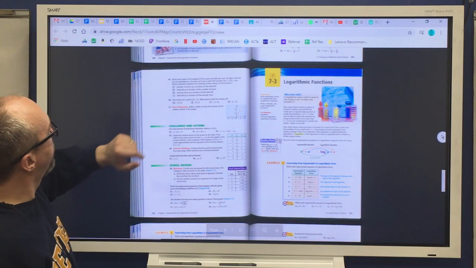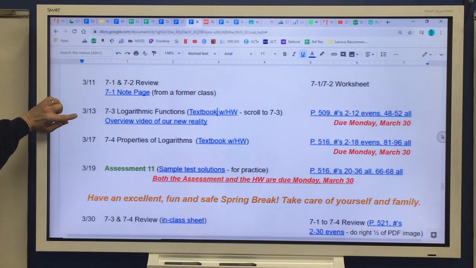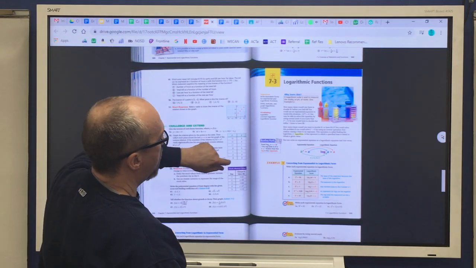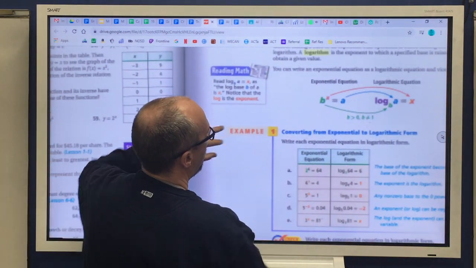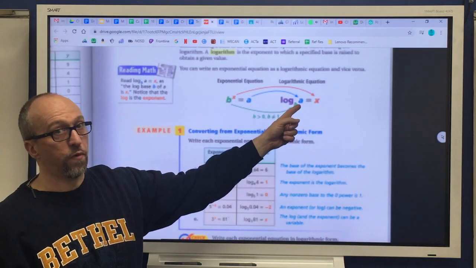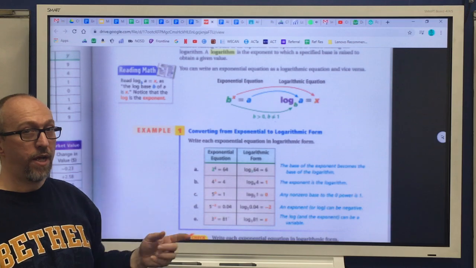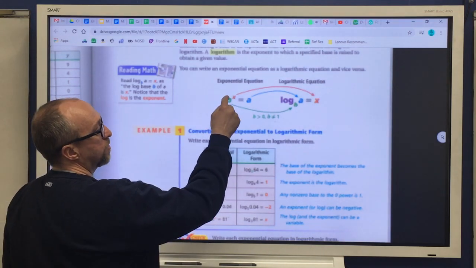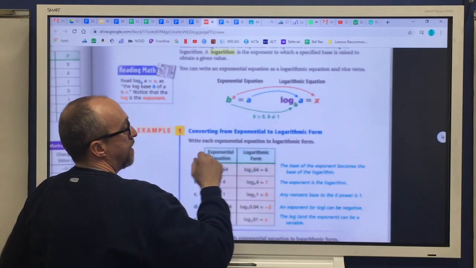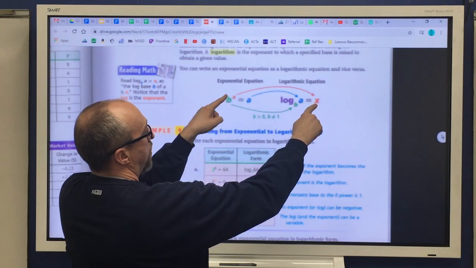And then section 7.3 is what we did on Friday. So in 7.3, we talked about how to write an exponential equation in log form, and how to take a log form equation and write it in exponential form. And if you remember, I did this thing where I circled the base, I went across the equal sign, and then back again to the exponent. So log base b of a is equal to x.